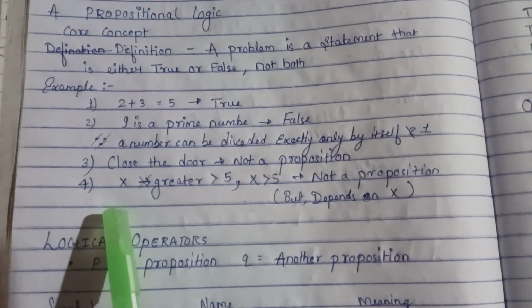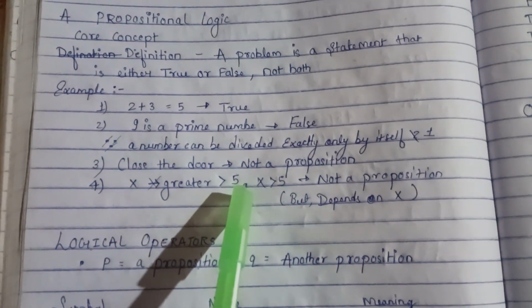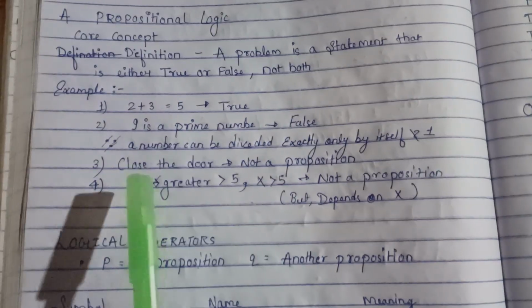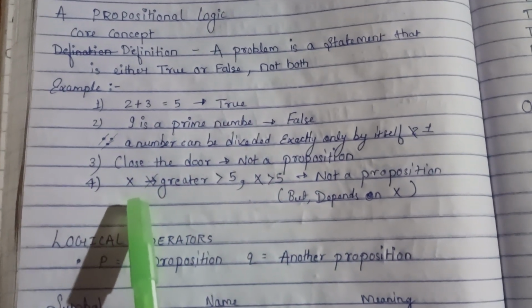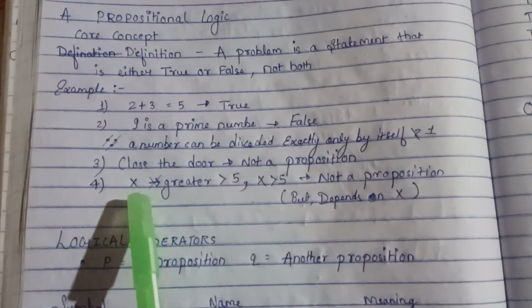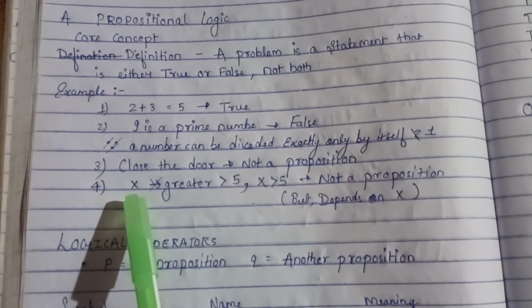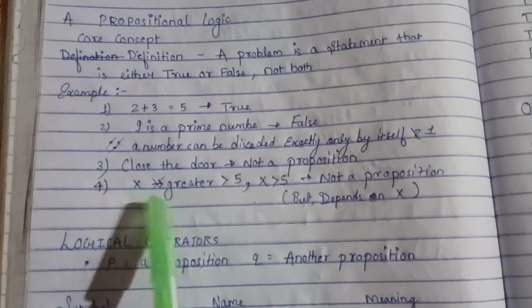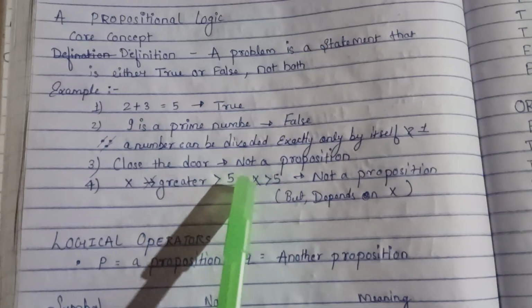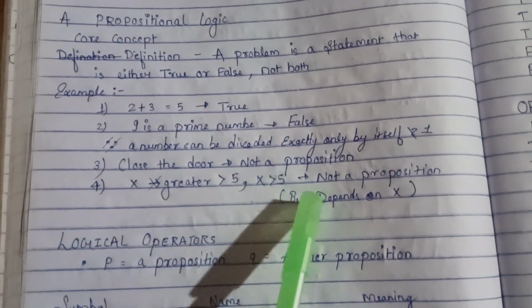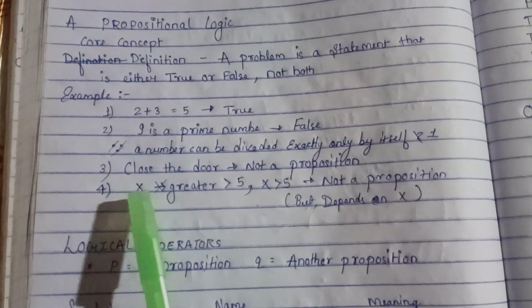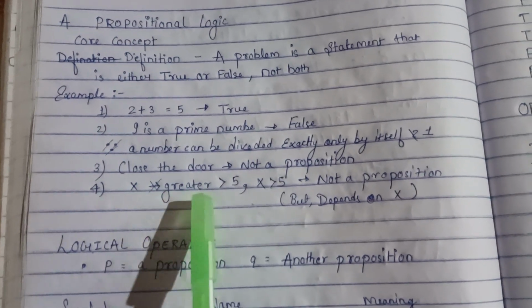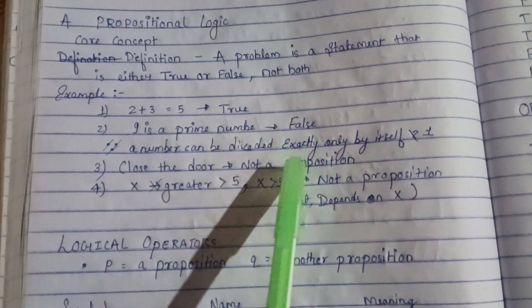X could be 6, then it will be true, right? But what if it is 2? 2 is not greater than 5. So it depends on what our x is. We have to define the x first to make it true or false.